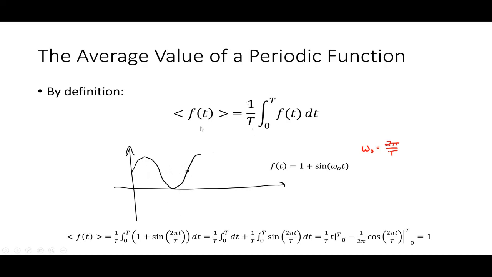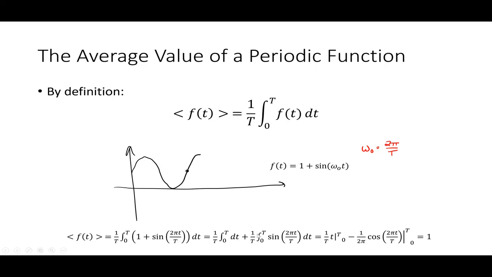So this is the definition here. I plugged in my f of t, 1 plus sine omega naught t, and for omega naught I put in 2 pi over T. Because I have the integral of two things added to each other, I'll take the integral of the number 1 first. That becomes 1 over T, integral from 0 to T of dt.